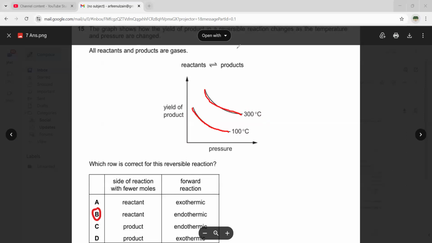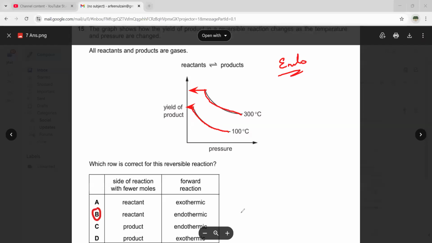A higher yield means more product. At 300 there is more product as compared to 100. So this indicates that at higher temperature you have more product, which means the equilibrium has shifted towards the right-hand side. So the forward reaction is endothermic.